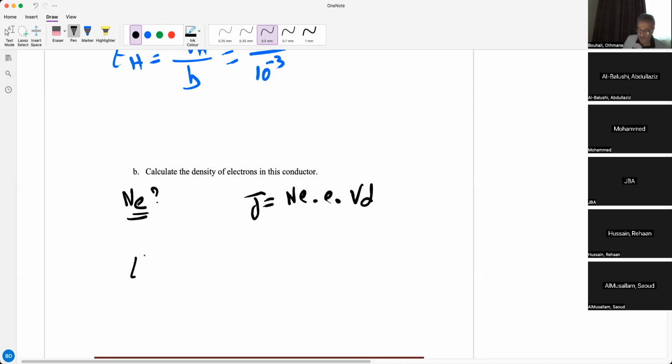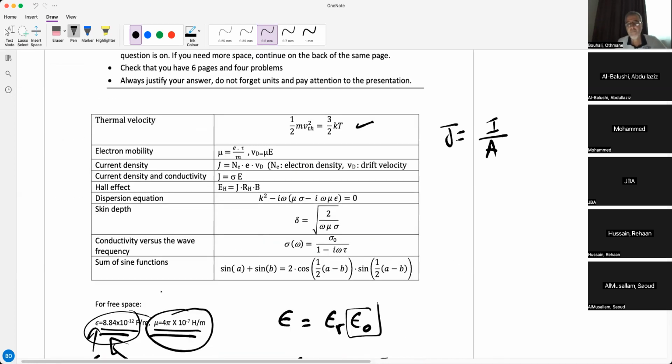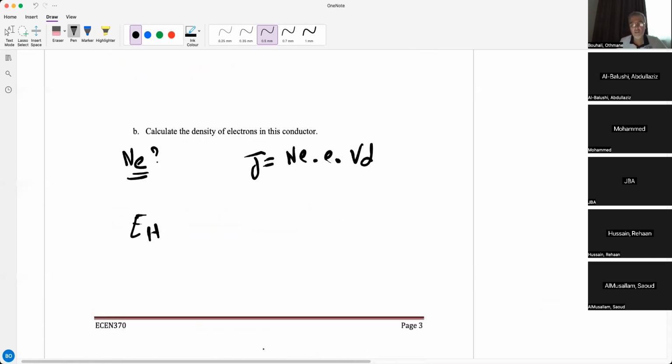So what did we say? The Hall electric field is equal to J times RH times the magnetic field, and RH is 1 over Ne.